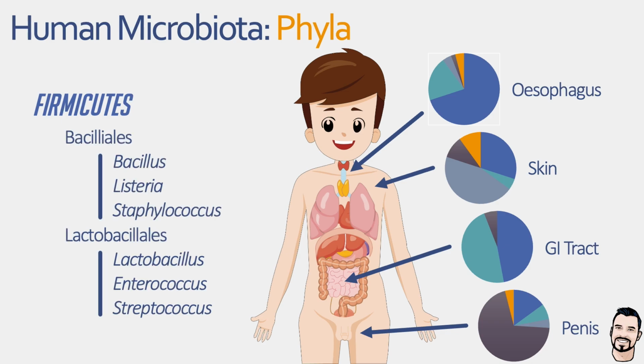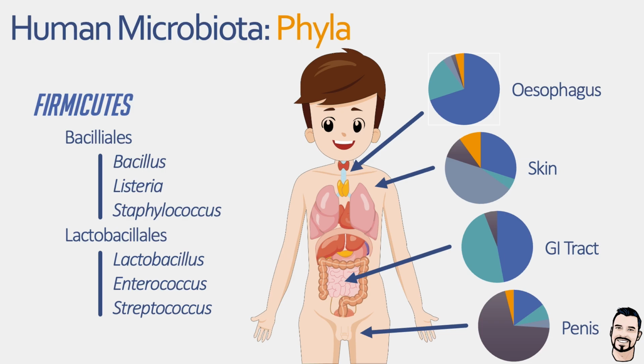Now, within this phylum there are two particularly notable orders of bacteria, the Bacillales and the Lactobacillales, with some key examples being Bacillus species, which are found in the GI tract, helping to digest complex carbohydrates. We find Staphylococcus epidermidis, a common skin commensal that plays a key role in competitive inhibition, preventing pathogens from colonizing the skin.